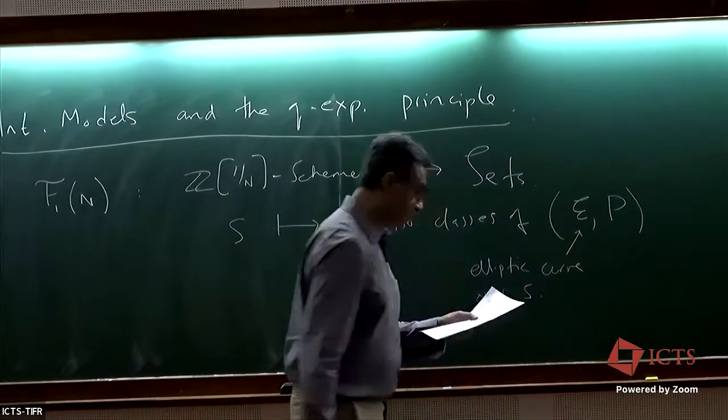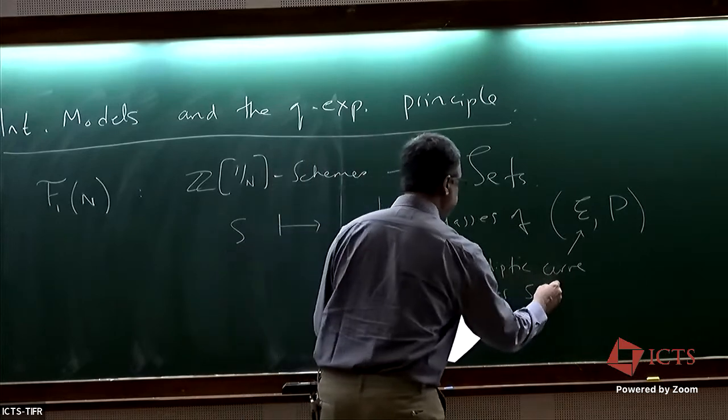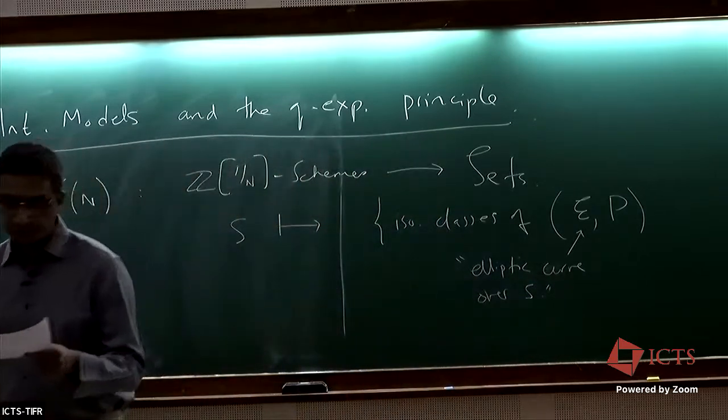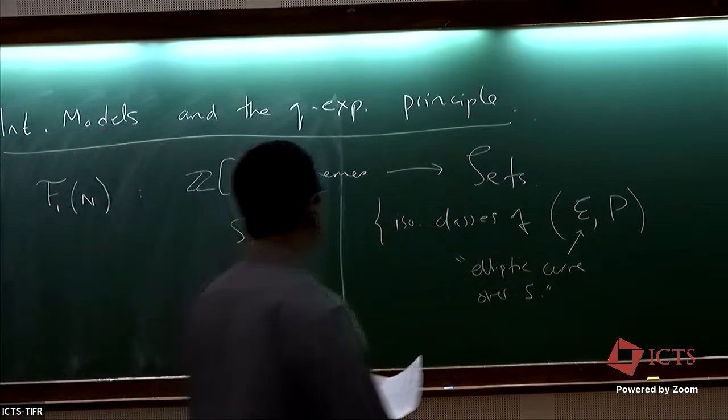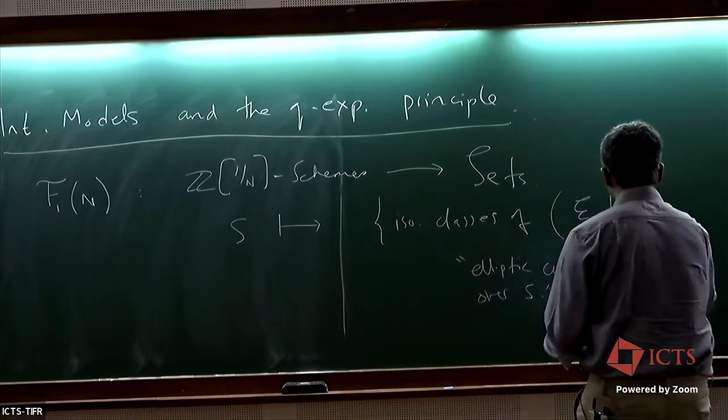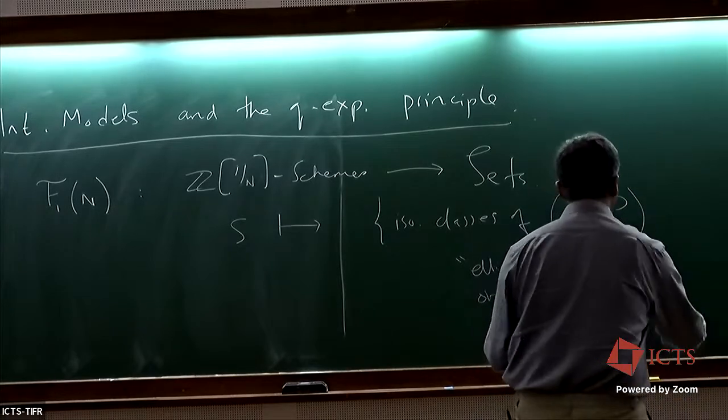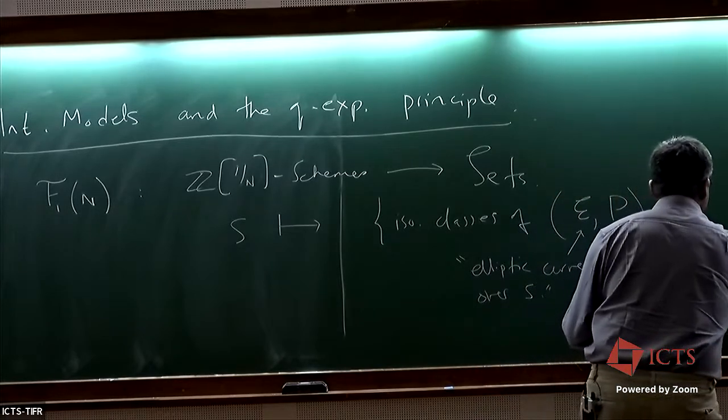Okay, so this has some formal definition, which maybe I'll read out. A smooth, proper group scheme whose geometric fibers are all elliptic curves. Such things maybe I will not say too often. And P is a point of exact order n.